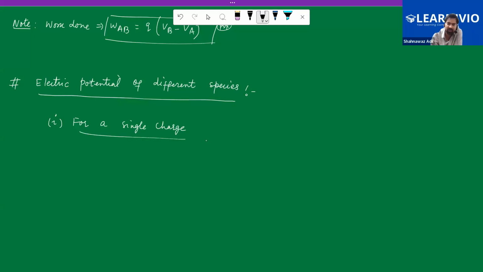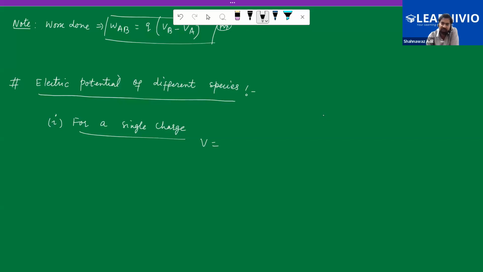Can you guys tell me what is the electric potential for a single charge? Yes, this you guys have already seen. What is the electric potential due to a point charge?